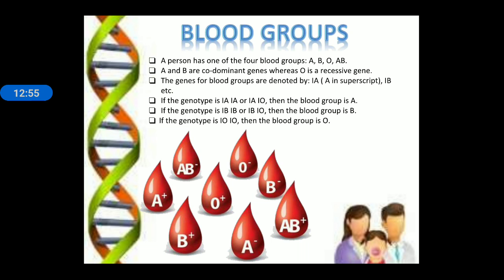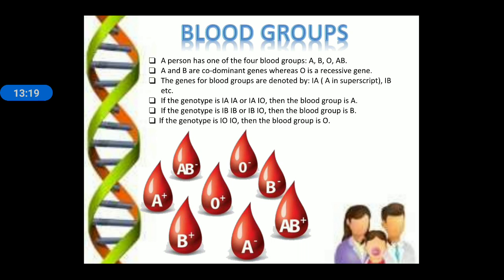When we have to write the alleles regarding the blood group, then we write A or B in the superscript. If we are asked to write the genotype of blood group A, we write IAIA or IAIO.